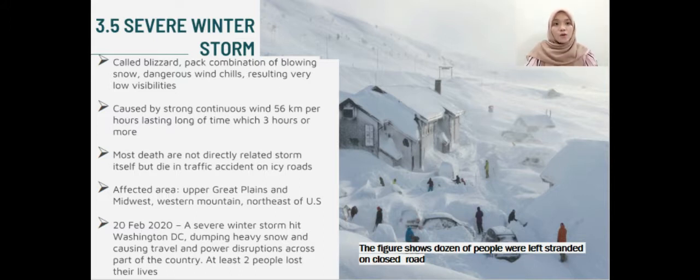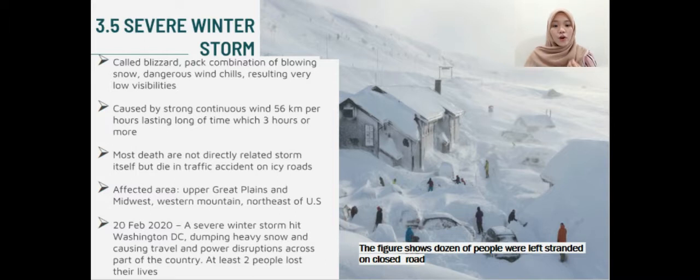Even though most deaths are not directly related to the storm itself, people die in traffic accidents or on icy roads. The most affected areas are the upper Great Plains and the Midwest, and the Western Mountains in the northeast of the United States.